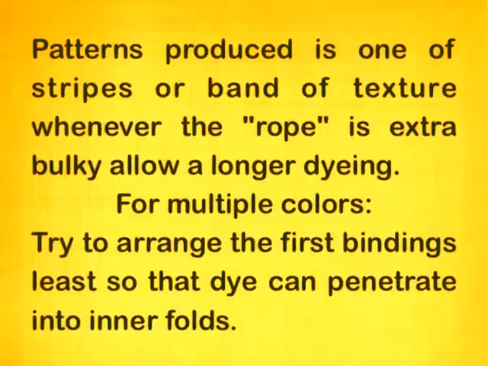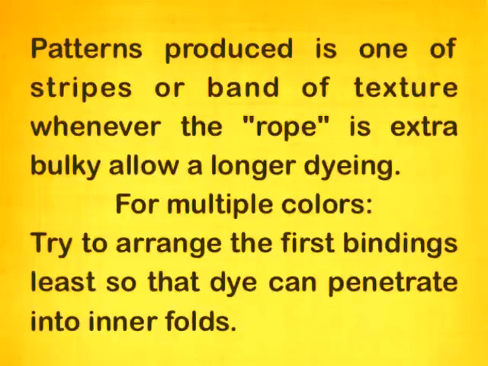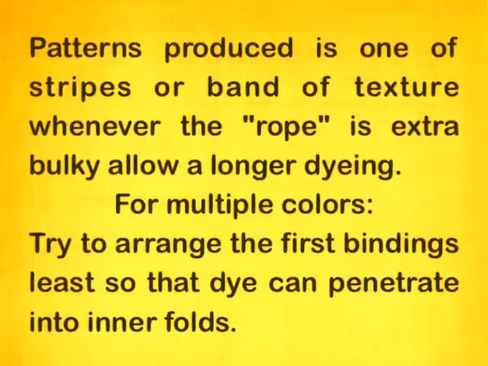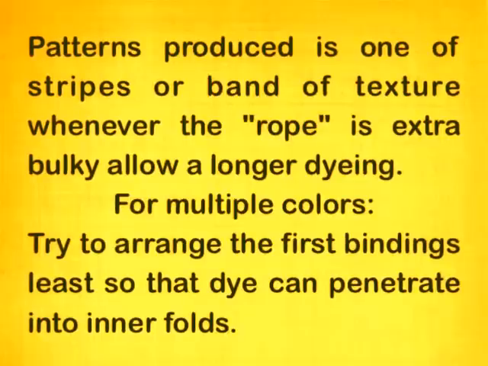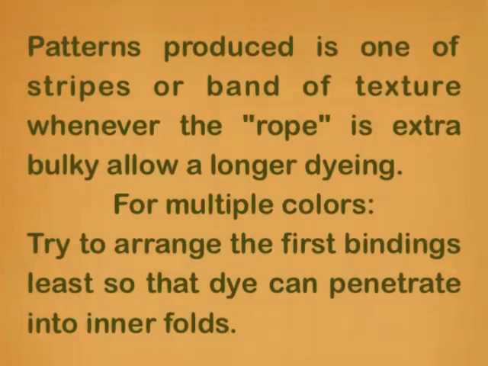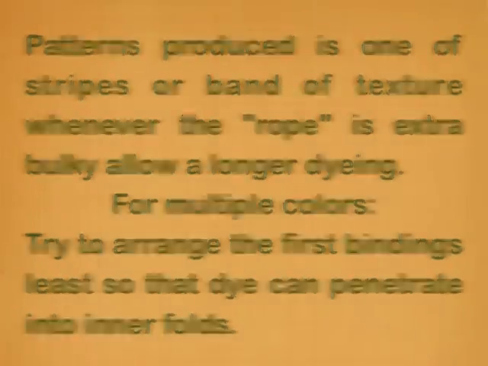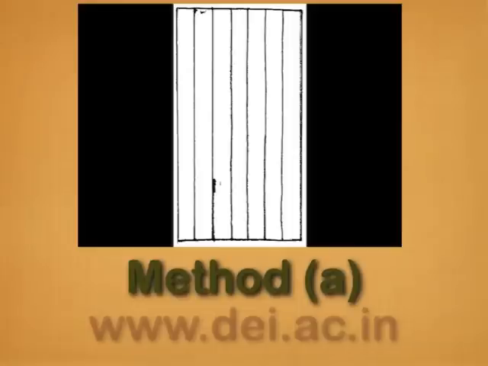If several colors are planned, try to arrange the first binding at least 1 to 2 inches apart to enable the first dyeing to penetrate up to the binding even on the inner folds.